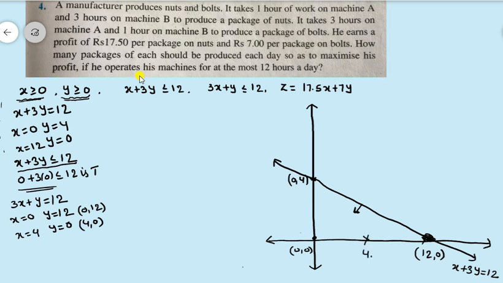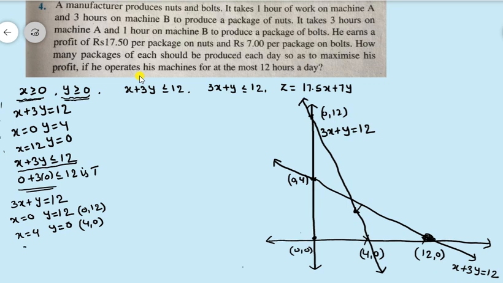This is the point 4, 0 on the x-axis, and somewhere here the point 0, 12 on the y-axis. The straight line passes through these two points, so the line equation is 3x plus y equals 12.